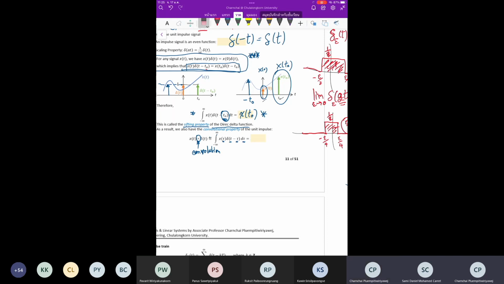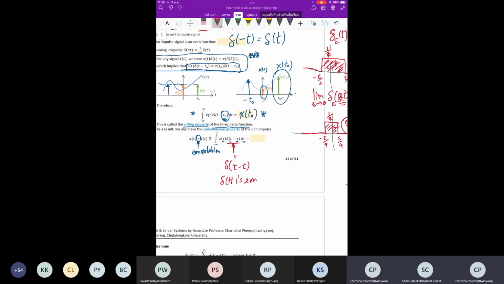How do I change the notation? Oh, I see. I use the fact that delta(t minus tau) is delta(tau minus t). Why? Because of the even function property, since delta(t) is even.